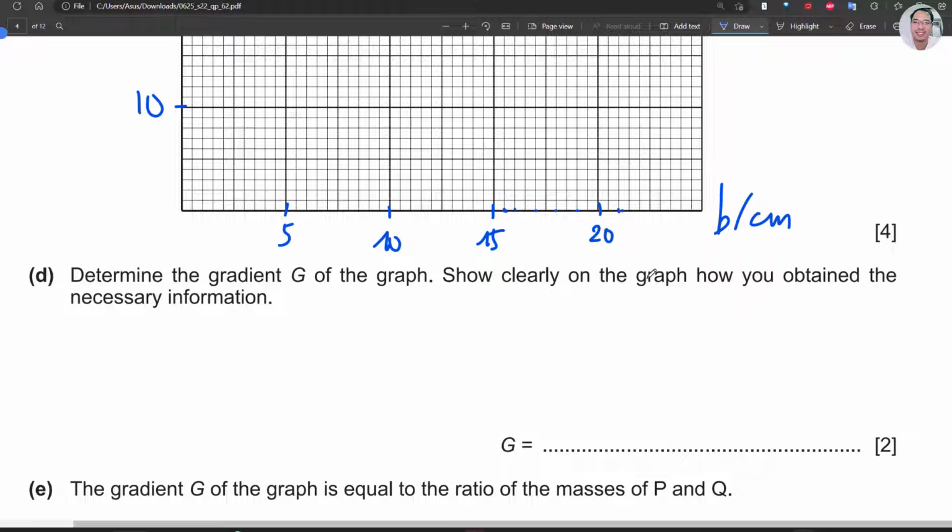So 21.2 is difficult, this is 21, 0.2 is here.